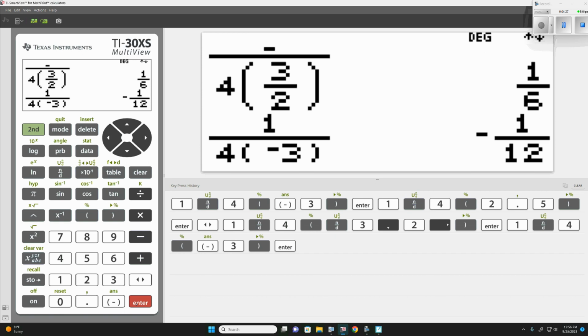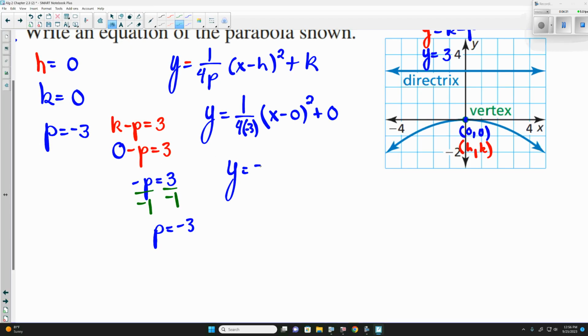If we plug that in, we get negative 1/12. Well, our (x minus 0) squared is just going to reduce to x squared, because x minus 0 is the same as just x, and if we square x, we get x squared. We don't have to put the plus 0 because it doesn't add anything.